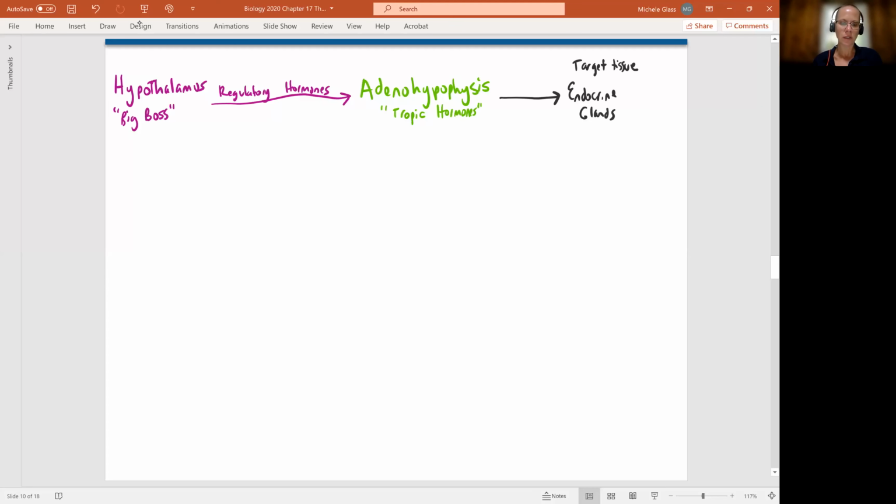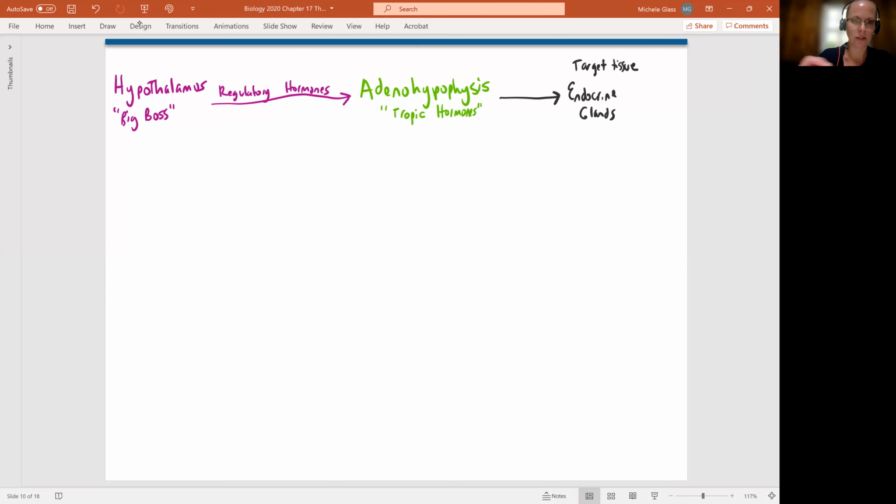Okay, so let's do a list of the hormones being produced by the hypothalamus. And remember, when we are keeping up with our hormones, we need to pay attention to the name of the hormone, the abbreviation of the hormone, who makes it, who it targets, and how that cell responds.